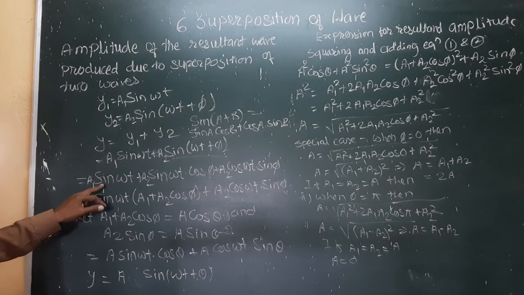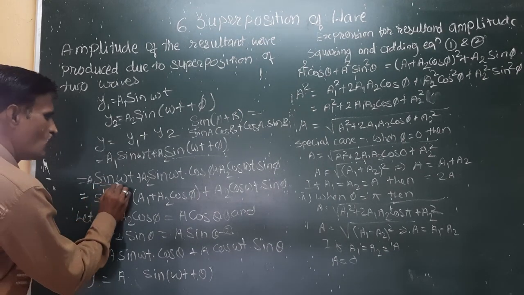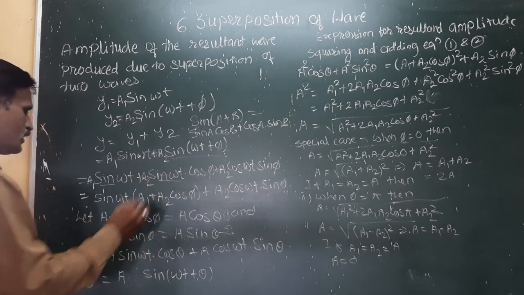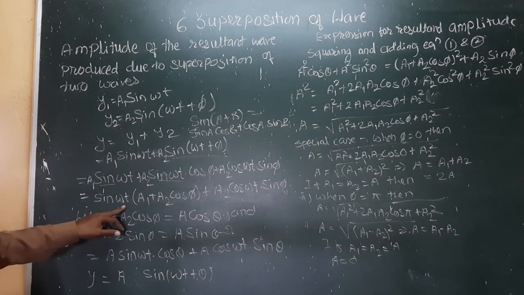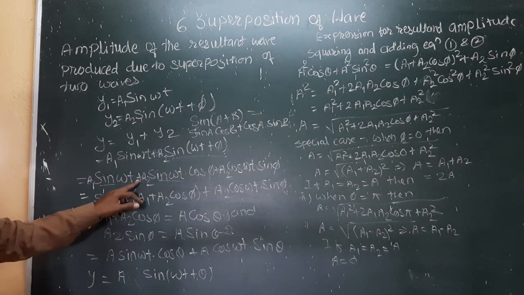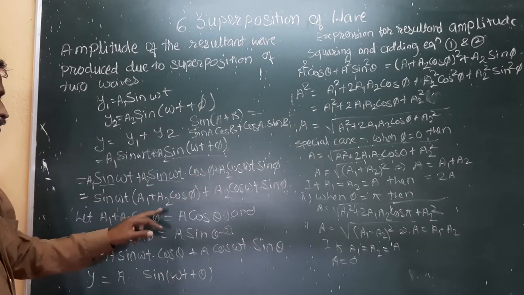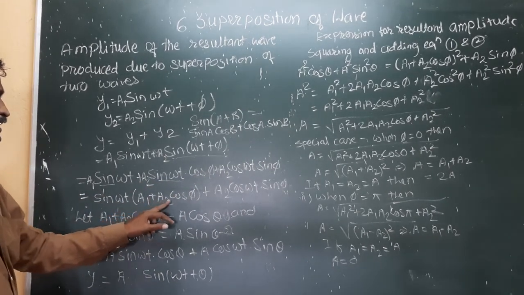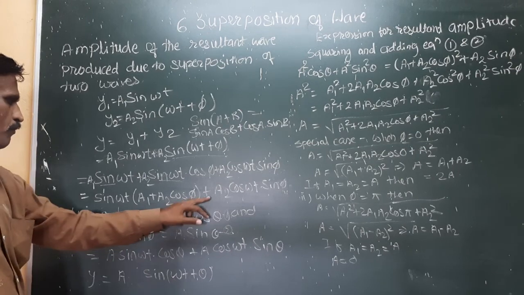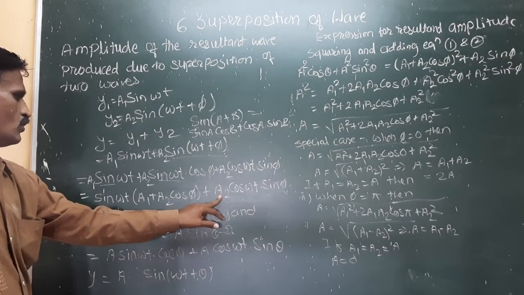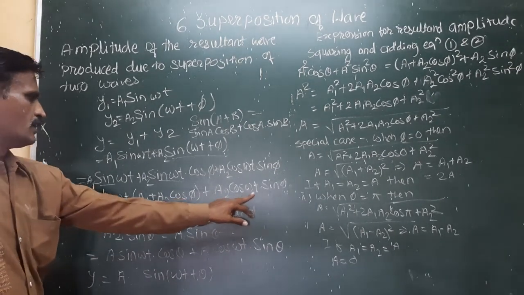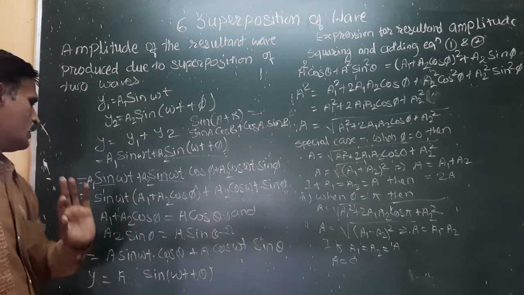Taking sin omega t common, we get sin omega t (a1 plus a2 cos phi) plus a2 cos omega t sin phi.